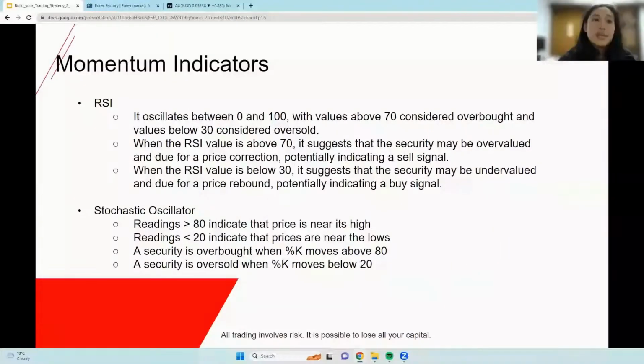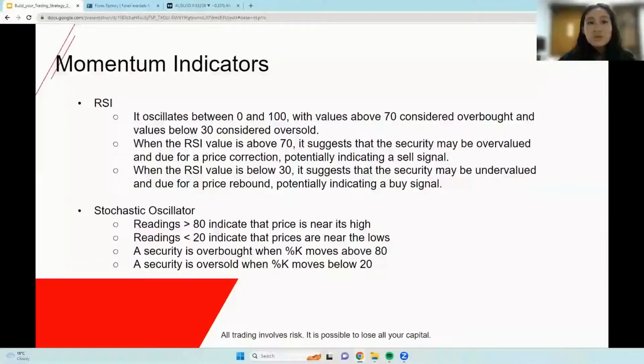Okay, next, let's move on to a couple more momentum indicators. I also personally like to use these two. RSI, let's start with that. How it works is it oscillates between 0 and 100, with values above 70 considered overbought and values below 30 considered oversold.